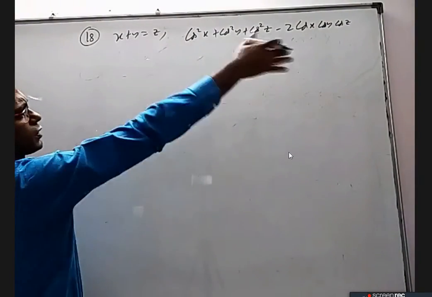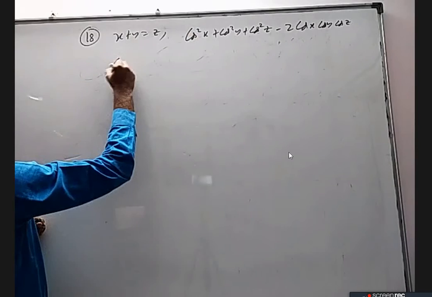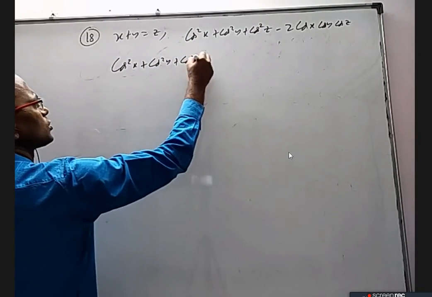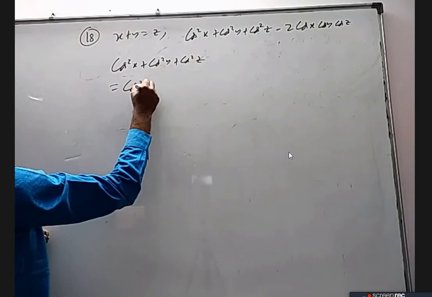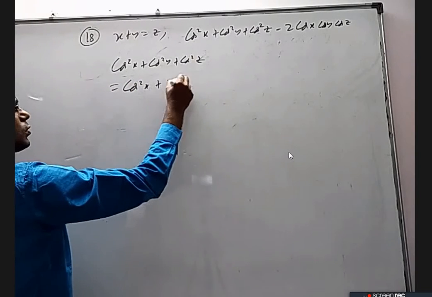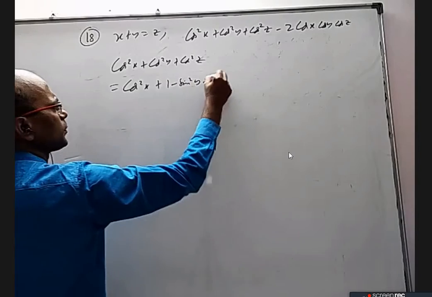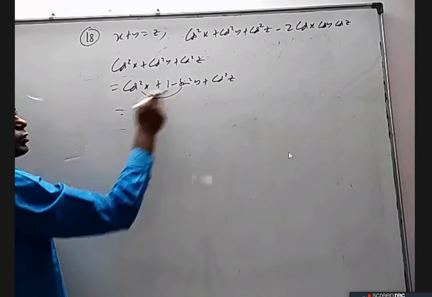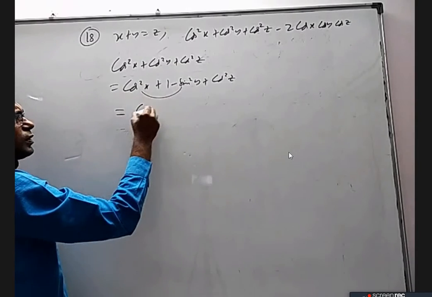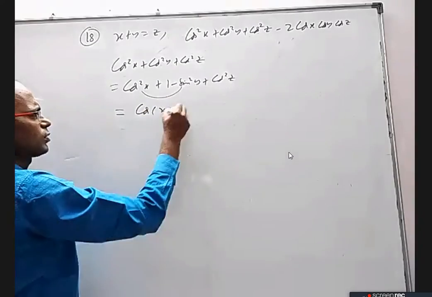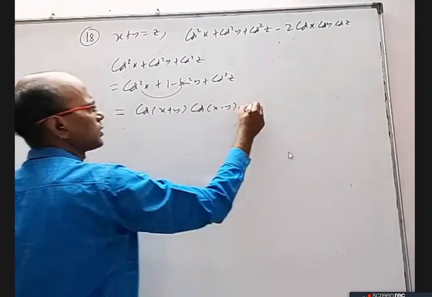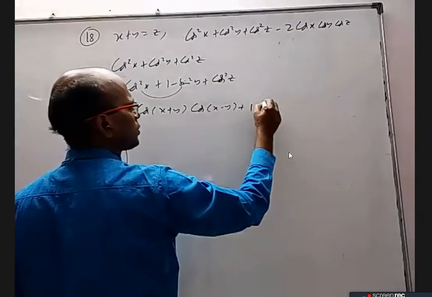Instead of starting with the whole question, I just want to start with cos square x plus cos square y plus cos square z. And I want to write cos square y as 1 minus sin square y. Then cos square x minus sin square y is like cos square a minus sin square b. The formula is cos x plus y into cos x minus y, plus this one is there and this cos square z is there.